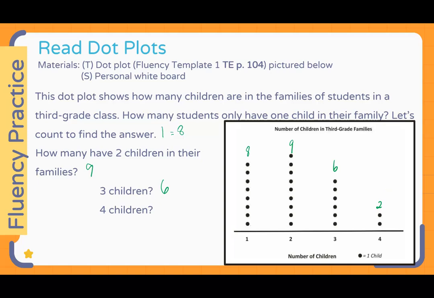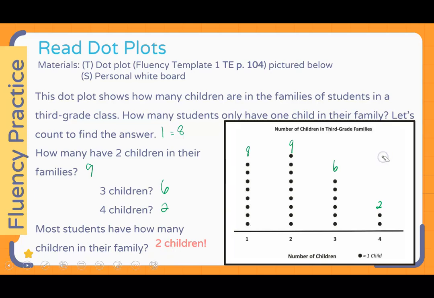And how many have 4? 2. So you can see that after you label, you're able to answer your questions really easy. Most students have how many children in their family? 2 is the most. 2 children, right?